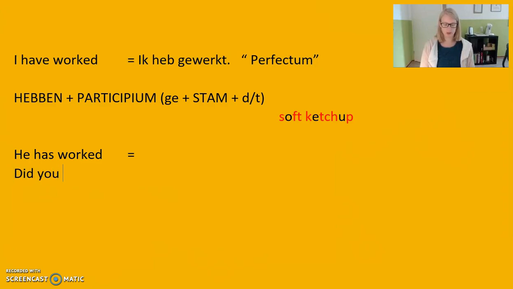Did you make, have you made a cake? How would you say that? I'm just practicing translating some sentences with the past tense. Let me see, which word can I use?